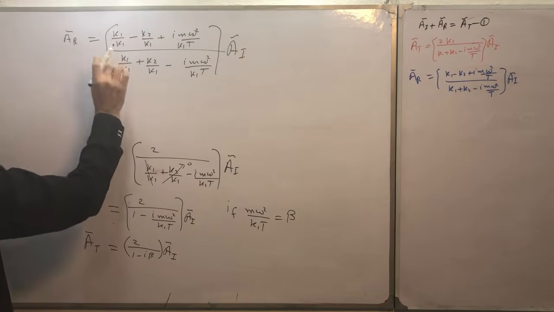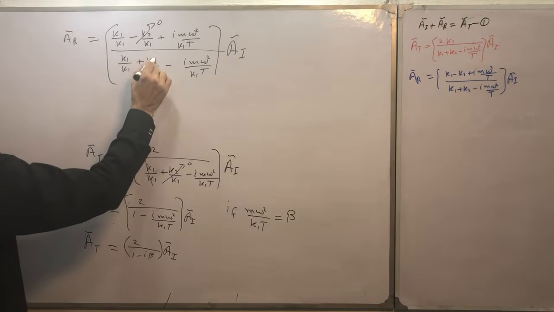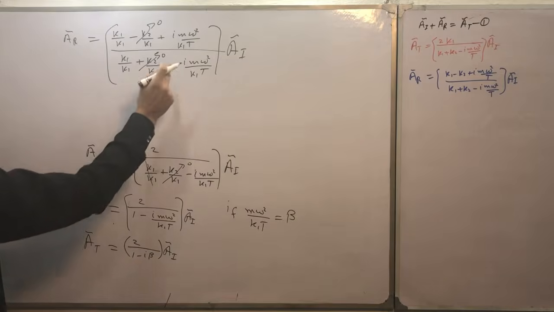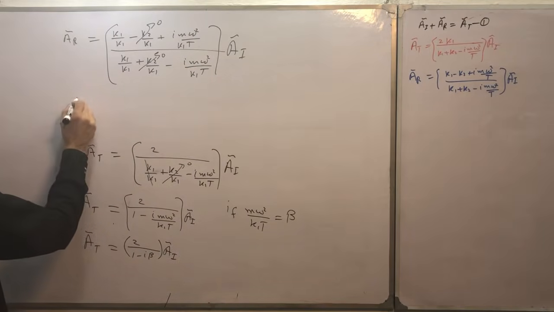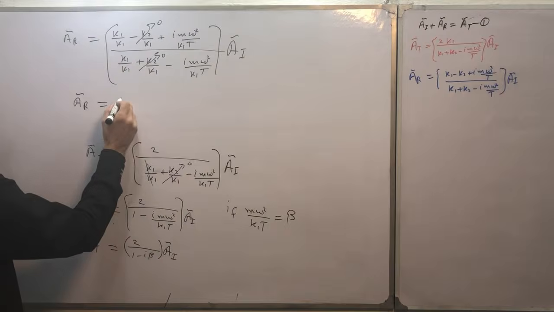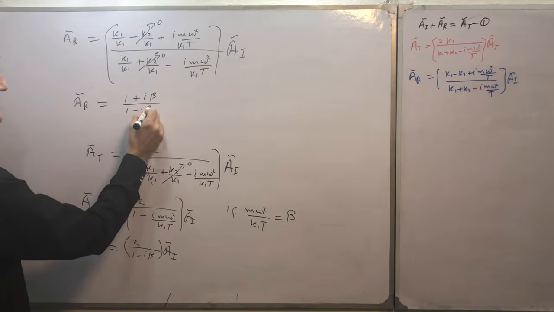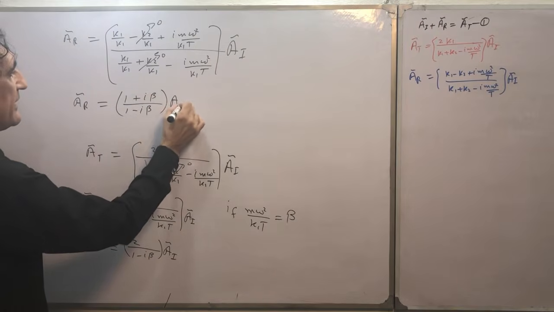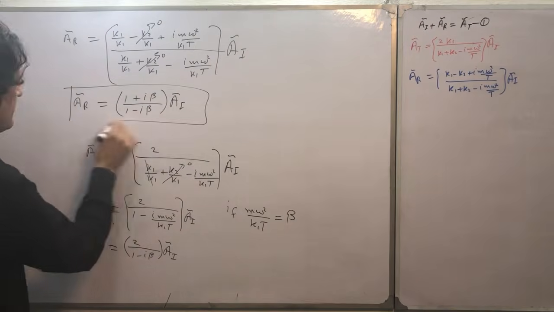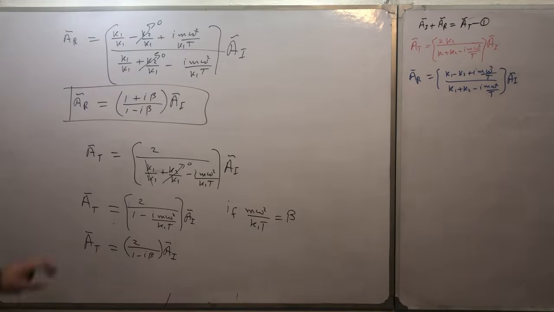Then this will be equal to 1, this will be equal to 0, this will be equal to 0, and with this term beta, AR will be equal to 1 plus iota beta divided by 1 minus iota beta, and AI. So we find out AR and AT by using the condition when the second string is massless.